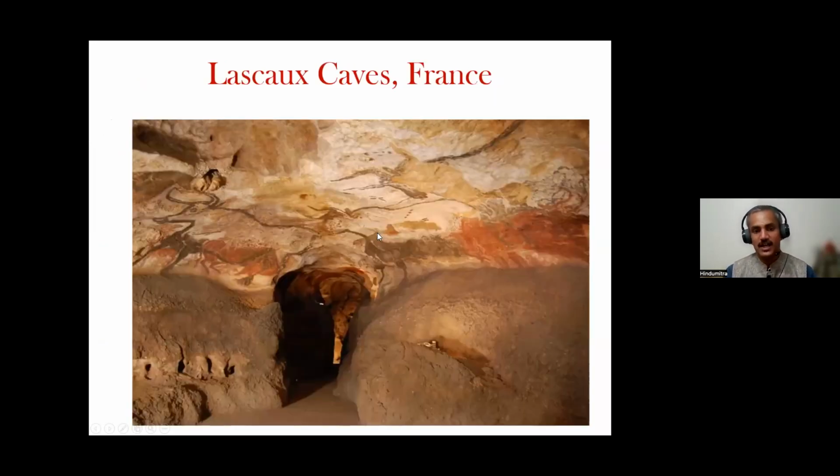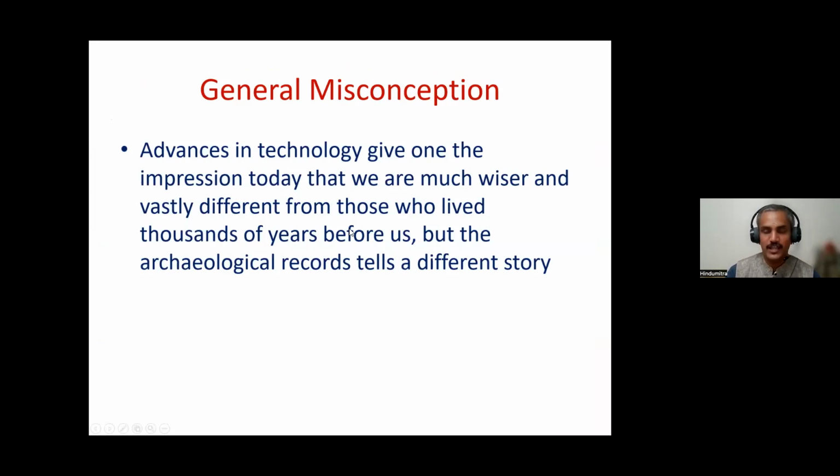So which leads us to a conclusion. A general misconception exists at present times, that the advances in technology give one the impression today that we are much wiser and vastly different from those who lived thousands of years before us. But the archaeological records tell a different story.